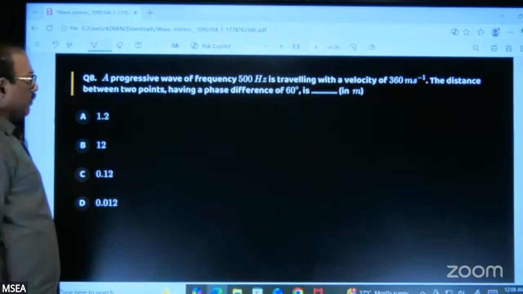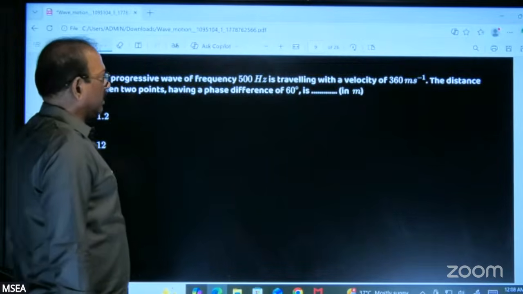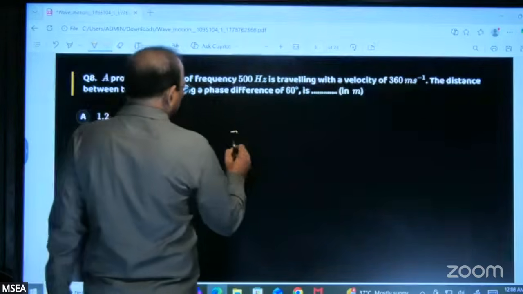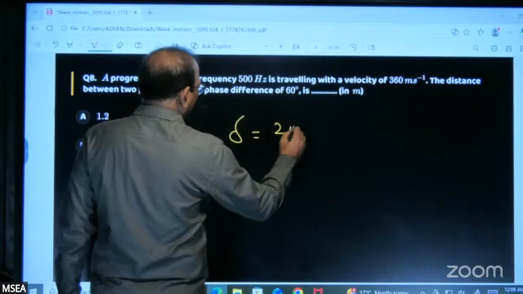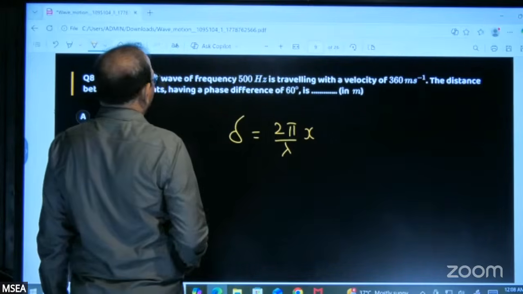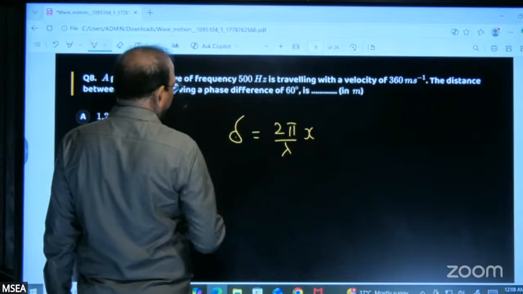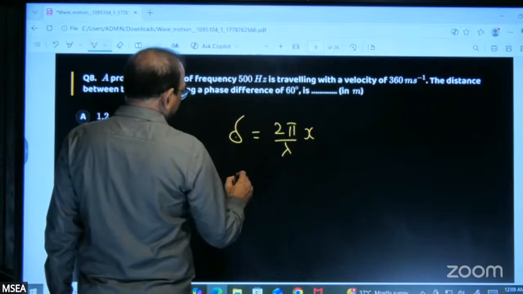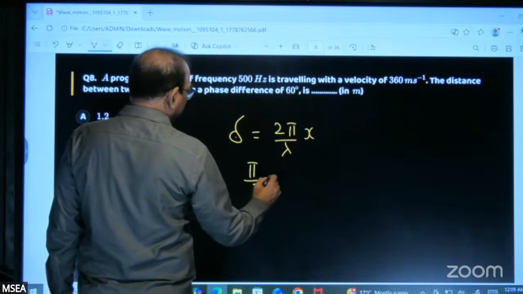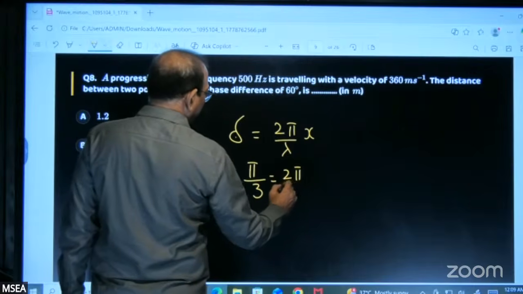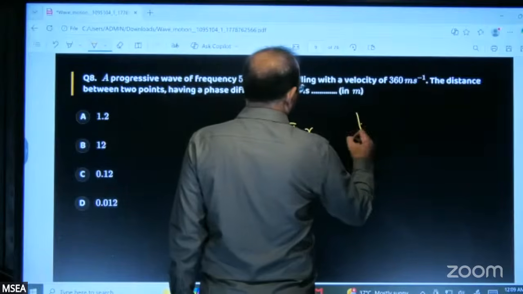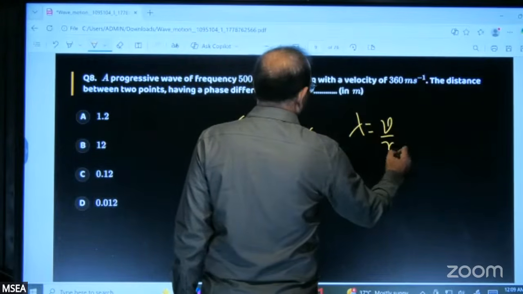Next. A progressive wave of frequency 500 Hz is traveling with a velocity; the distance between 2 points is asked. Same delta equal to 2 pi by lambda into x. He is asking x here. Path difference is asked, phase difference is given. Okay, phase difference 60 degrees means pi by 3. 2 pi by lambda. What is lambda? V by n.